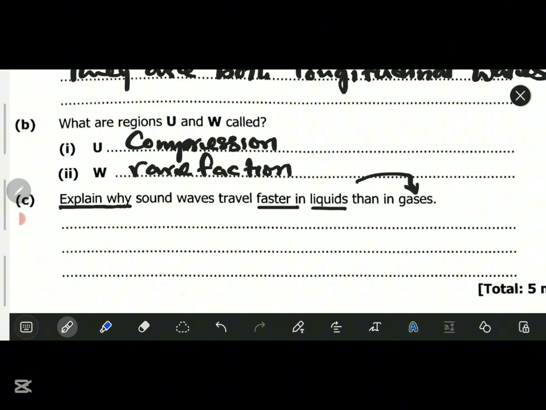The basic principle here is that the closer the particles in that particular medium, the higher the rate at which the wave is transferred from one particle to another. So we need to state the fact that in liquids, the particles are close to each other compared to gases.